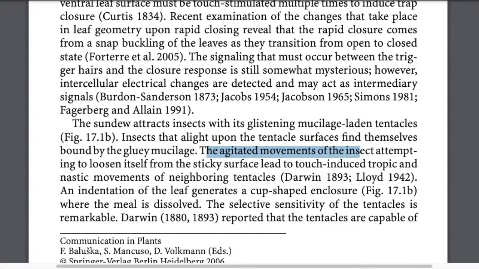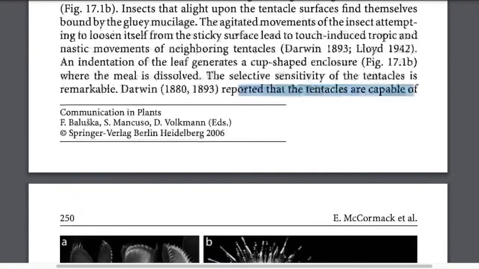The agitated movements of the insect attempting to loosen itself from the sticky surface lead to touch-induced tropic and nastic movements of neighboring tentacles. An indentation of the leaf generates a cup-shaped enclosure where the meal is dissolved. The selective sensitivity of the tentacles is remarkable. Darwin reported that the tentacles are capable.